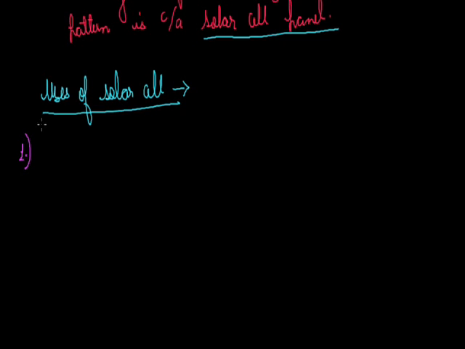These solar cells are used to produce electricity in artificial satellites or in space designs.